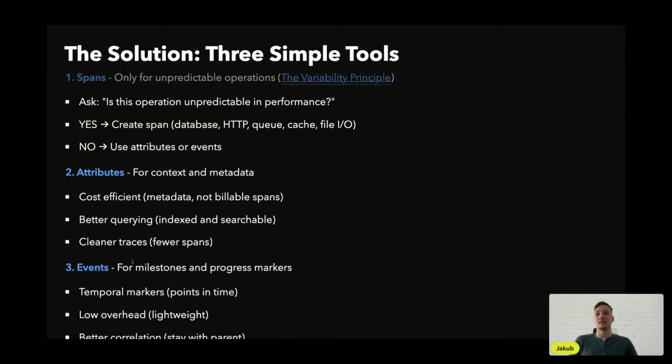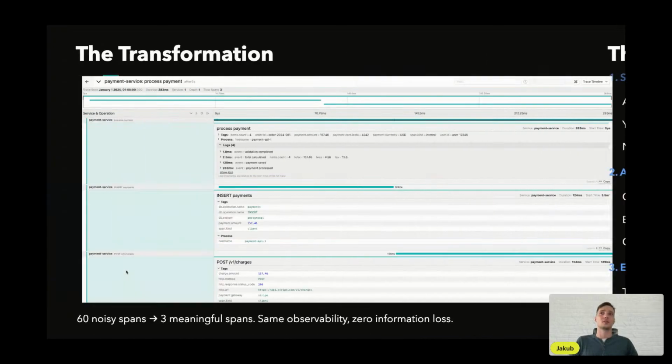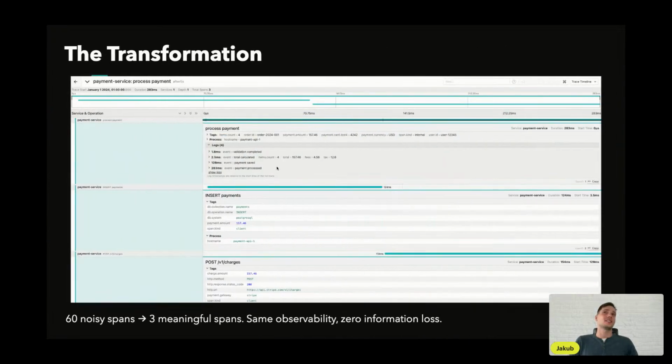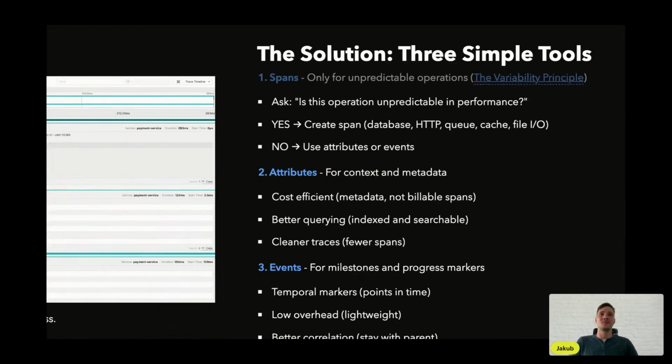Events are also not indexed by the backends, so they are really cheap, and they are just metadata for the span. So you can track, for instance, this process of creating the payment without creating additional spans that you must pay for. But those attributes are not free. There is some information to store, but they are way cheaper than spans.